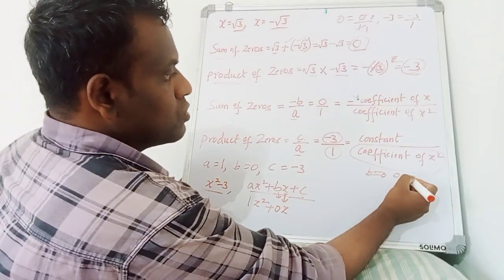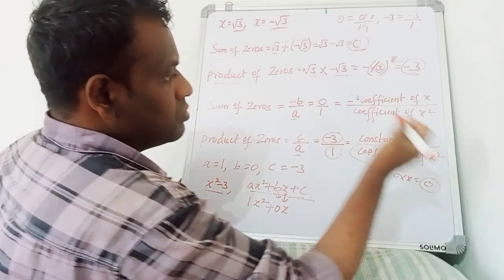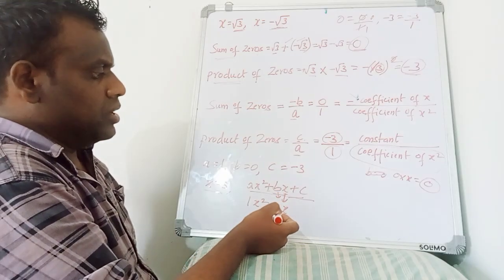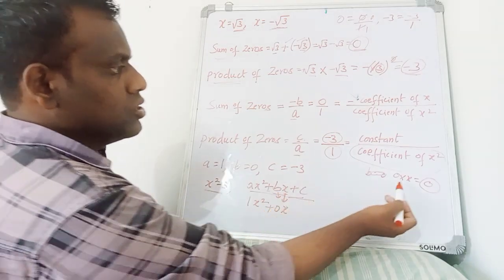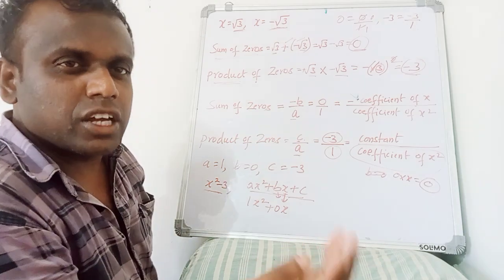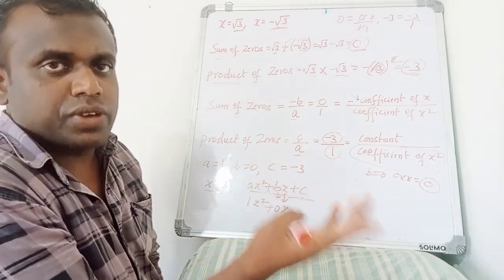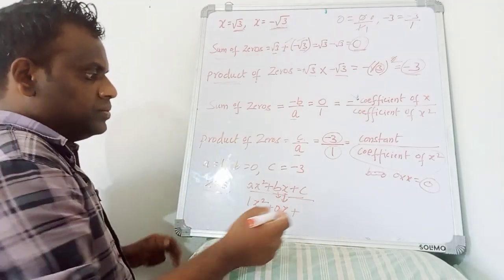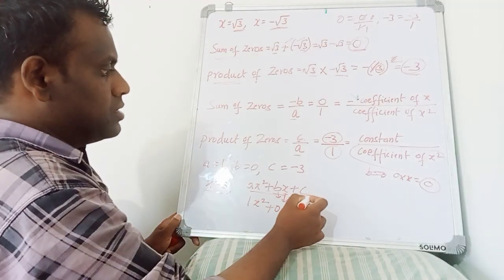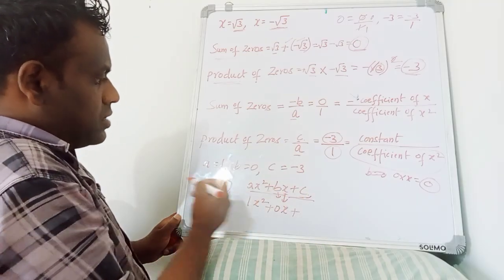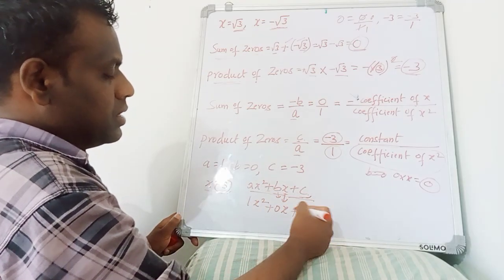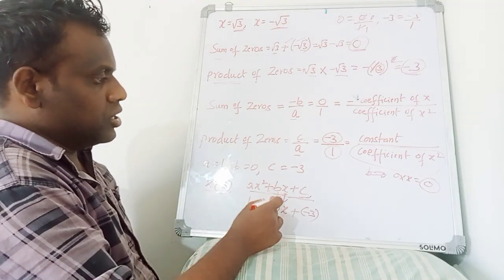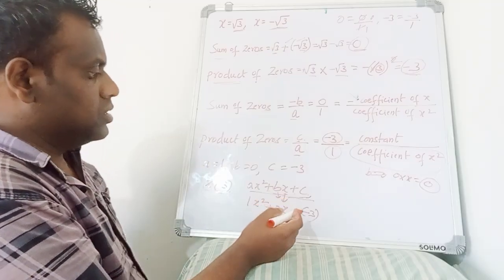So 0x, so 0 into x is equal to 0, which means there is no x term. So in the given polynomial there is no x term, so we can write like this. Next plus. In place of c we have minus 3. Minus 3 I am writing. So the given polynomial is written in the general quadratic polynomial form.